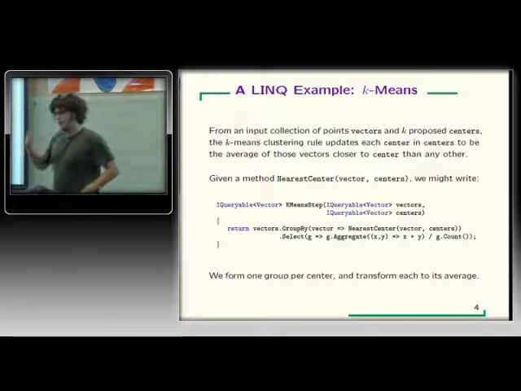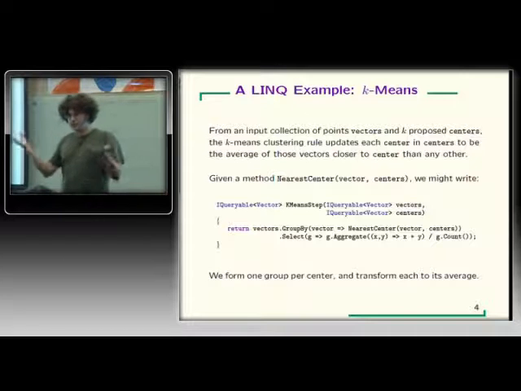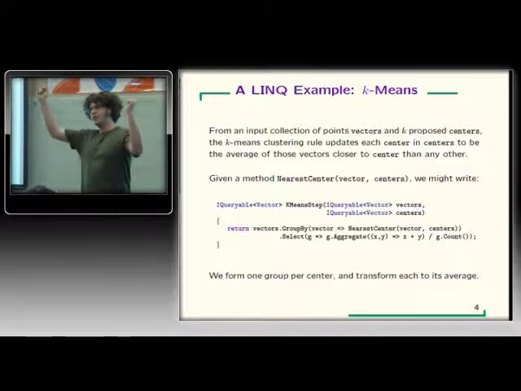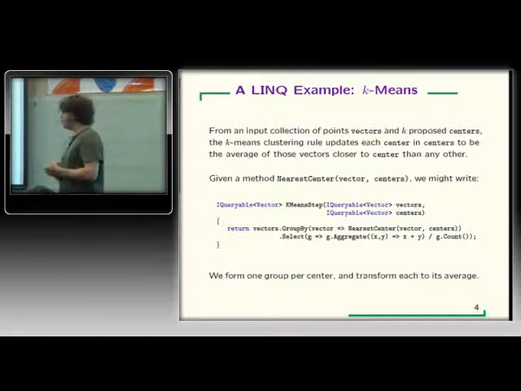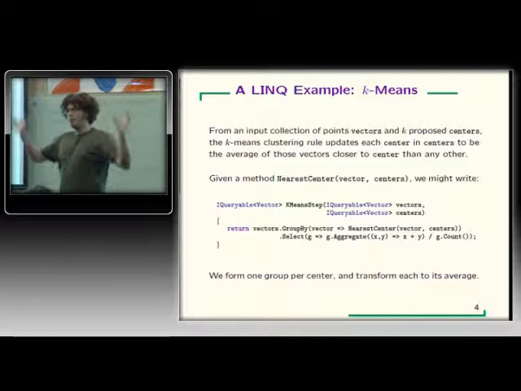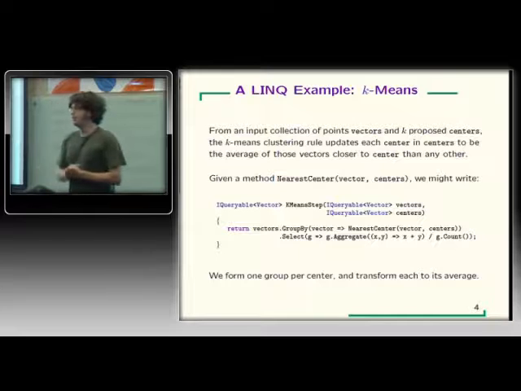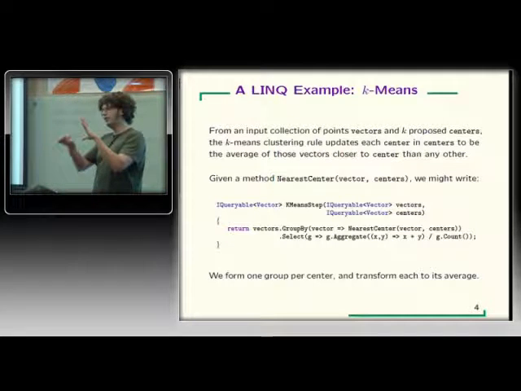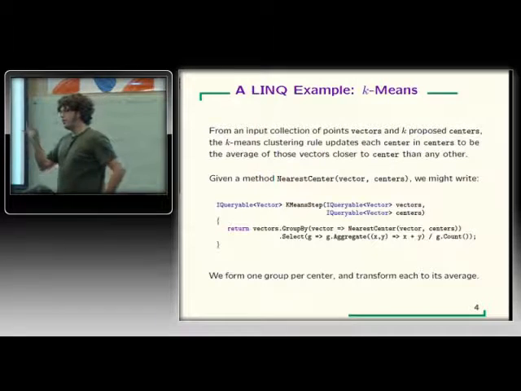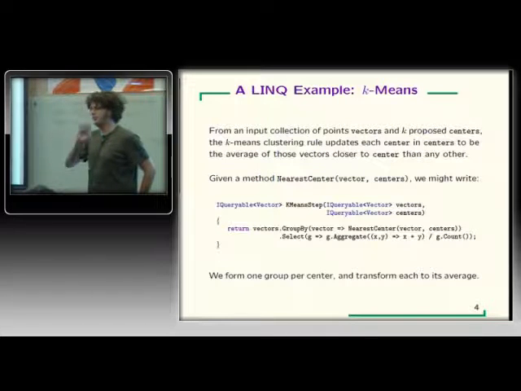What the k-means update rule does is it takes a set k of candidate cluster centers. Again, just points in space, but a very small number of them. And it partitions up our millions of points into k parts, one for each of these centers. And each part contains those points of our millions that are closer to this center than to any other center.